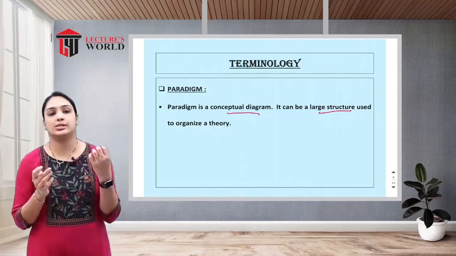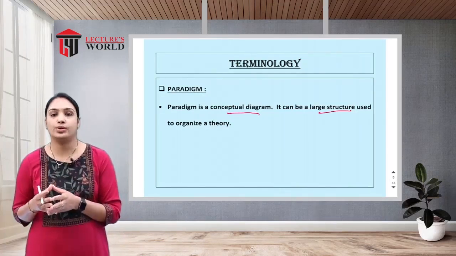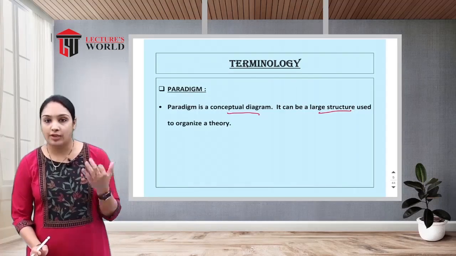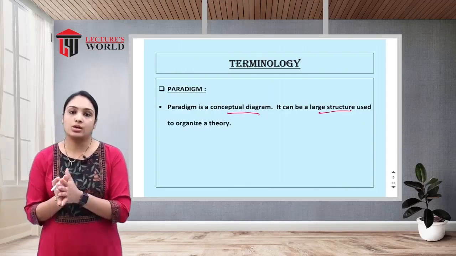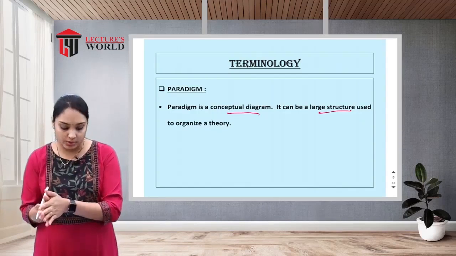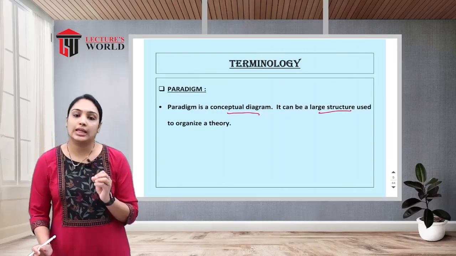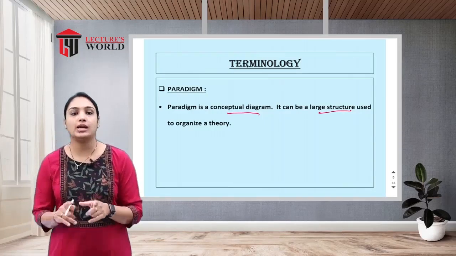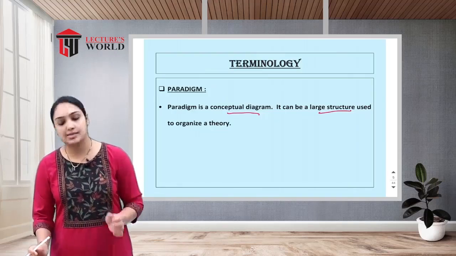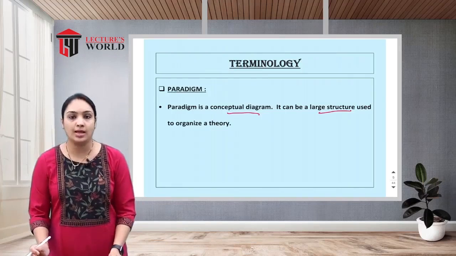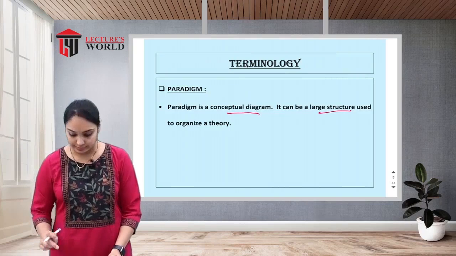We use the concepts and the definitions; all the ideas and thoughts are known as concepts. Whatever concepts we have in the theory development, we put them in a diagram. So the conceptual diagram is known as the paradigm, which helps to organize the theory.